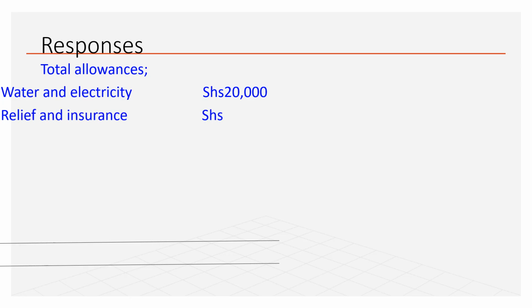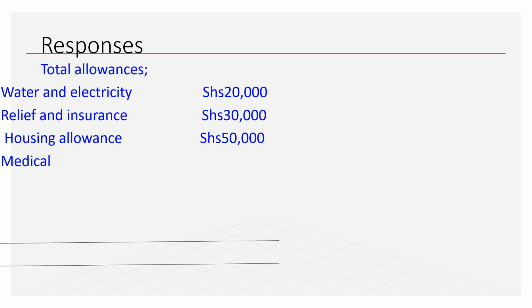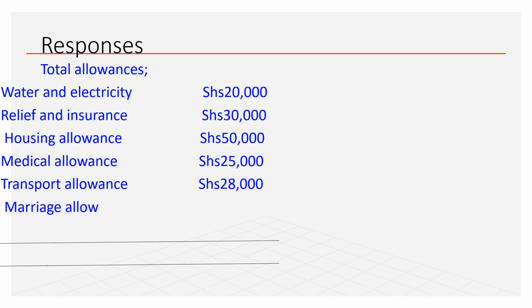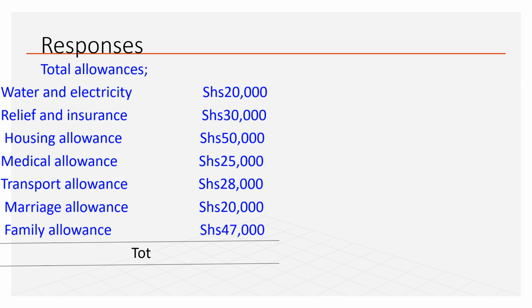Relief and insurance, 30,000. Housing allowance, 50,000. Medical allowance, 25,000. Transport allowance, 28,000. And then marriage allowance, 20,000. The family allowance also comes in with 47,000. So the total now will be 220,000. So you have to sum up everything as far as allowances are concerned.